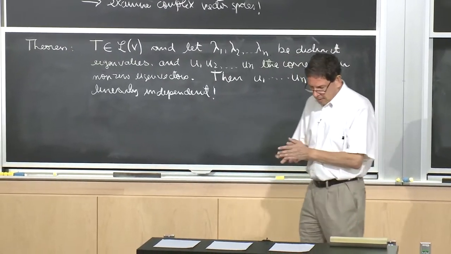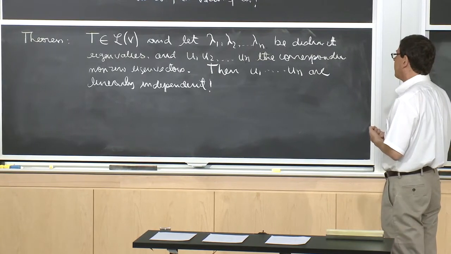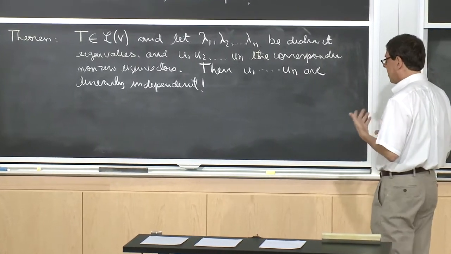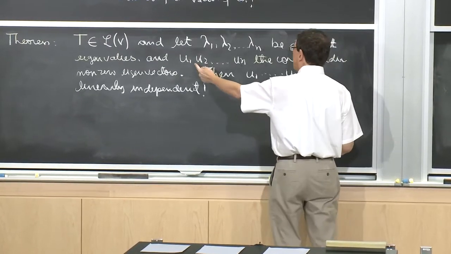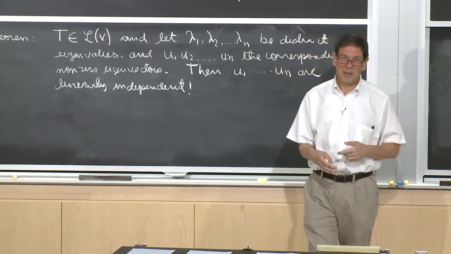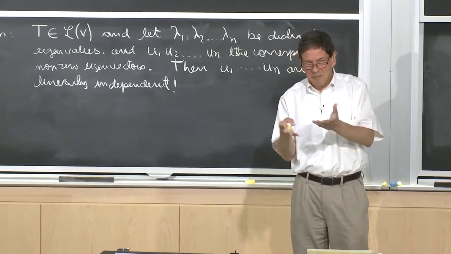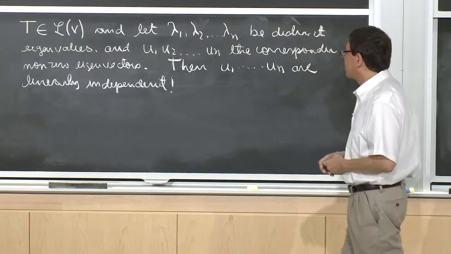So that's good. If you're talking about a vector space of n dimensions, now you know that you cannot have more than n linearly independent vectors, because the dimension is n. More than n linearly independent vectors would be a contradiction.